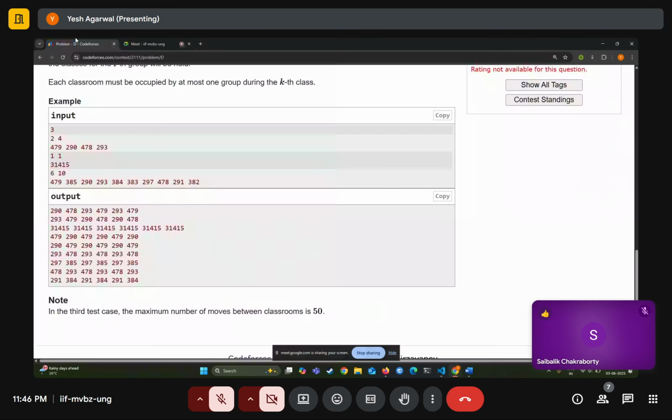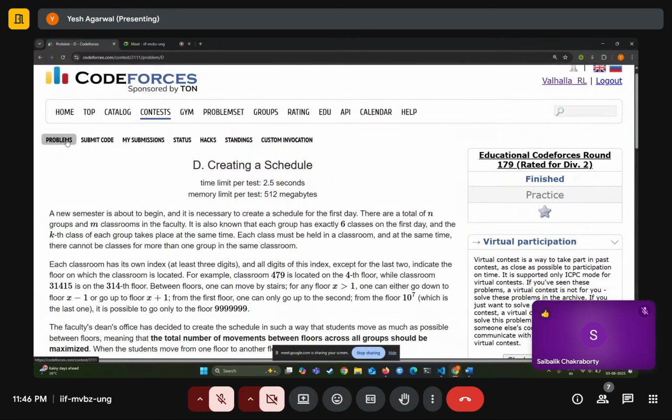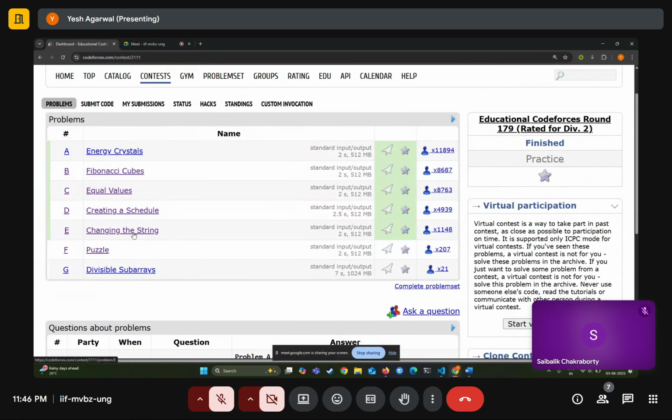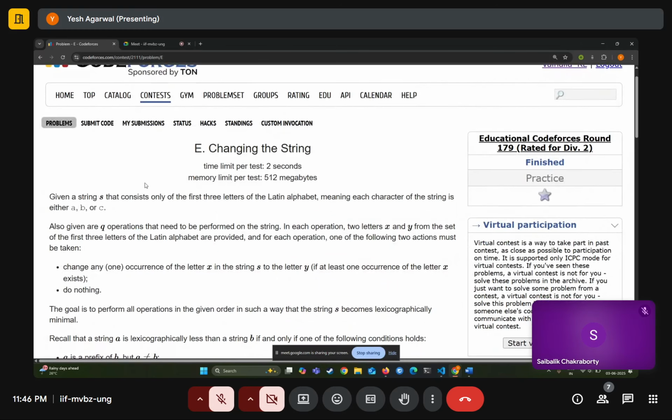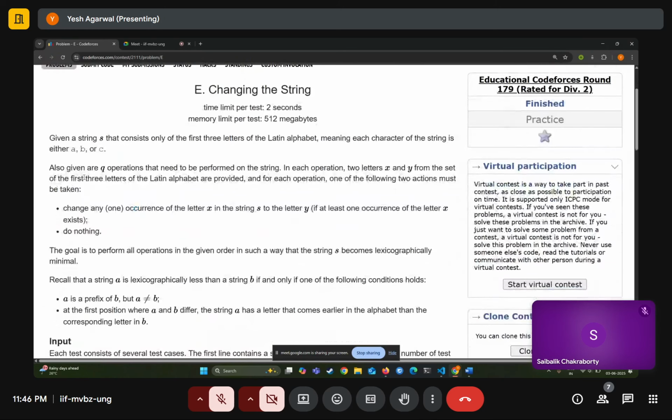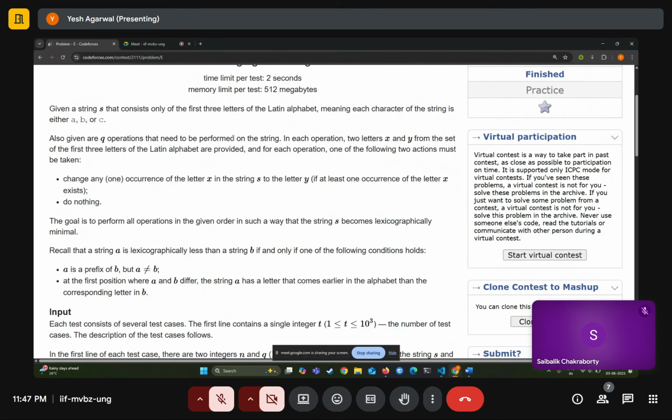Okay, let's move on to question number E. What question E is stating is that you will be given a string which will only have A, B, C, the first three letters of the Latin alphabet, and you will be given Q queries. You can choose any arbitrary query, but of course in order. What you have to do is make the string lexicographically smallest.